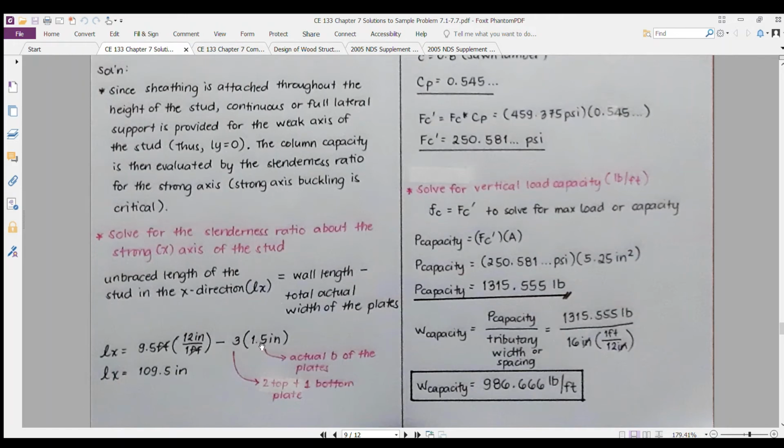And 1.5 inches is the actual thickness of the plates, so we are going to use the actual dimensions of the plates.